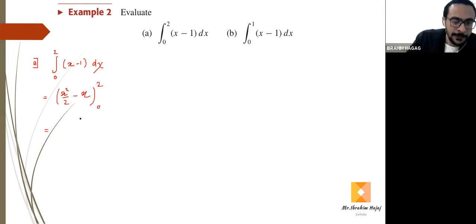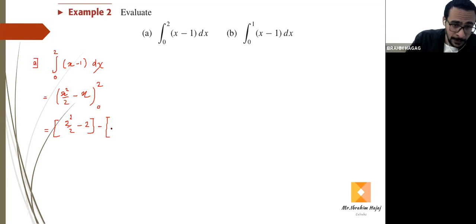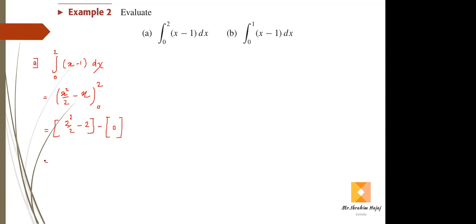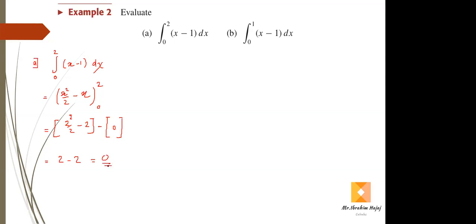Don't put plus c here, from 0 to 2. Substitute 2 for x: it becomes 2 squared over 2 minus 2. Minus the bracket again, substitute 0, it becomes 0 all of it. So it becomes 4 over 2, 2 minus 2 becomes 0, minus 0, which is 0. Yes, so the area is 0.